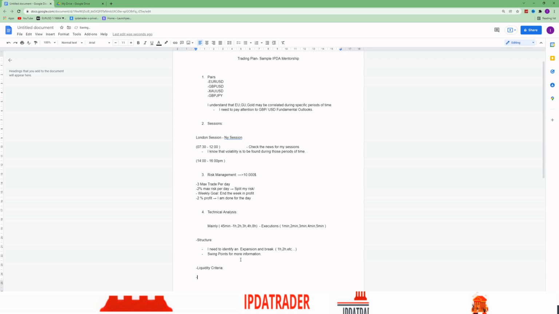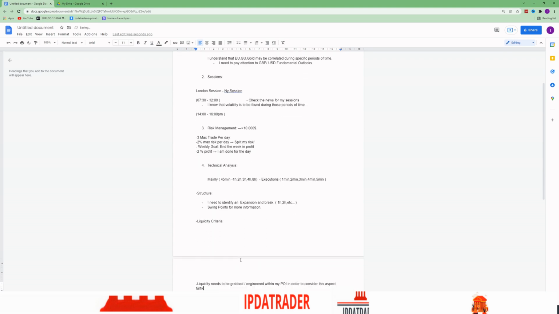So liquidity needs to be grabbed or engineered within my POI in order to consider this aspect fulfilled. Okay. Whoops. Typo over there. Yes, that's fine.